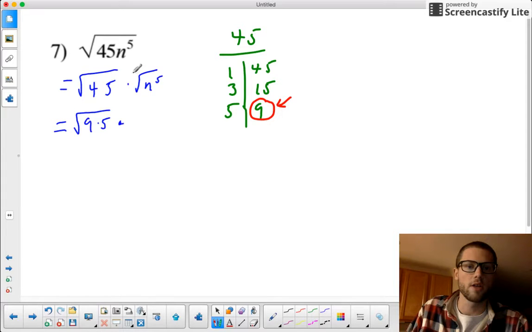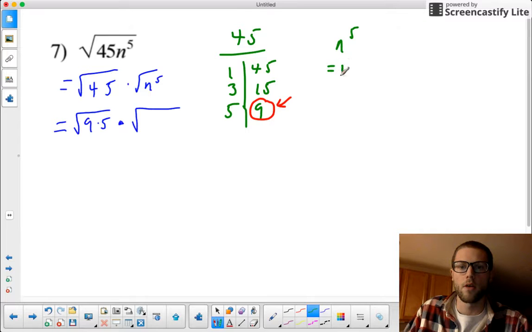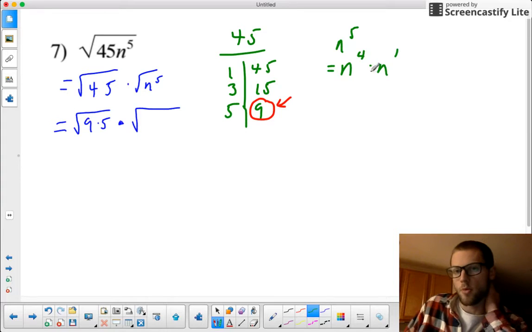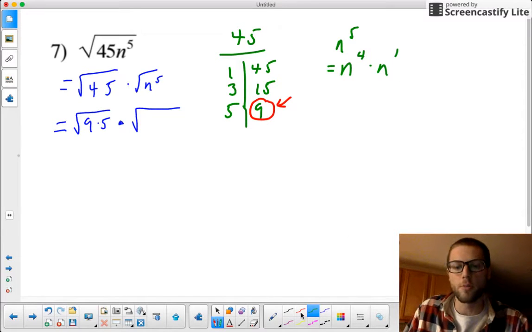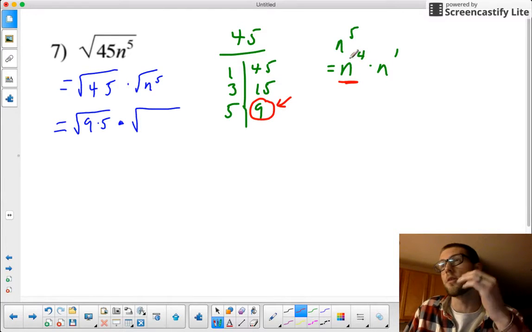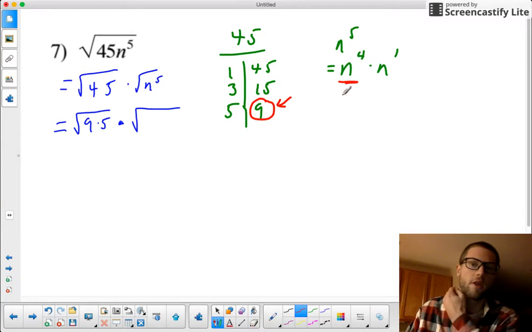Let's take a look at this variable next. I've got the square root of n to the fifth, and that can be broken into n to the fourth times n to the first. And remember, when you are trying to find your largest perfect square factor of a variable, you take the highest even number exponent less than the exponent you're dealing with.